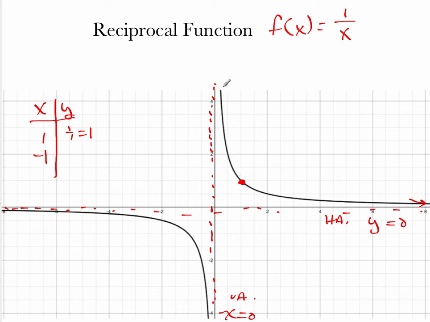And it's going to go up infinitely and become very close to this vertical asymptote, and then it's going to come down and approach the horizontal asymptote. At negative 1, this is 1 over negative 1, or negative 1. Just gotta love symmetry, don't you? And you have the same sort of curve in quadrant 3.